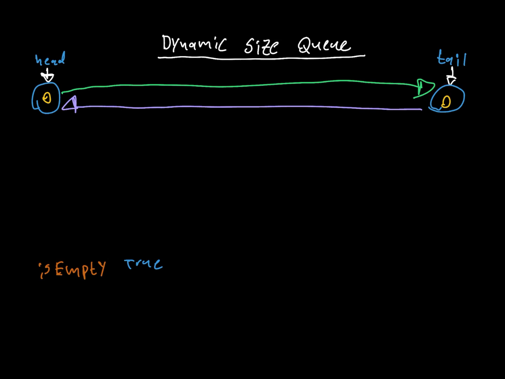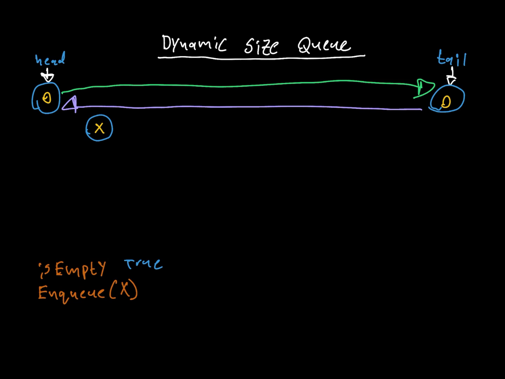So what about if we do enqueue X? The first thing we're going to do is create that node X and fill the data with X. Then we are going to go to tail, go to its previous node, and that's what we're going to set as the previous for our new node.